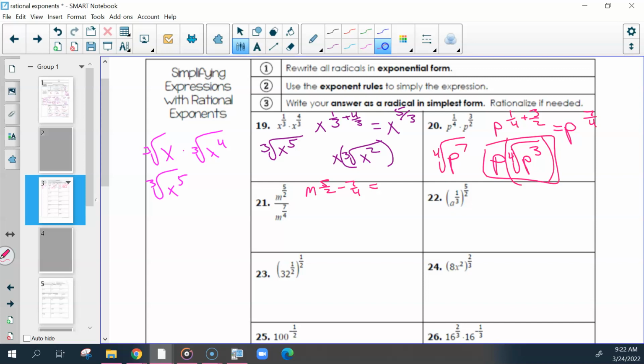What would that be in radical form? Can this be simplified? No.